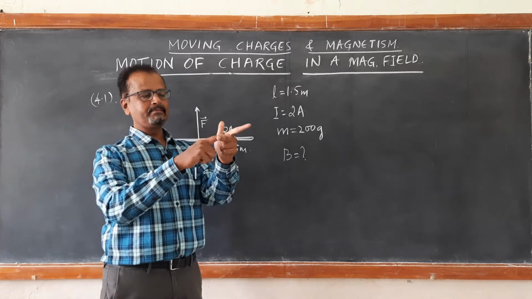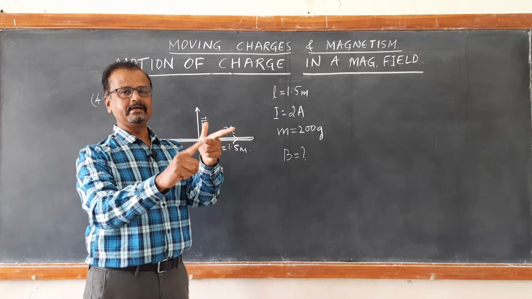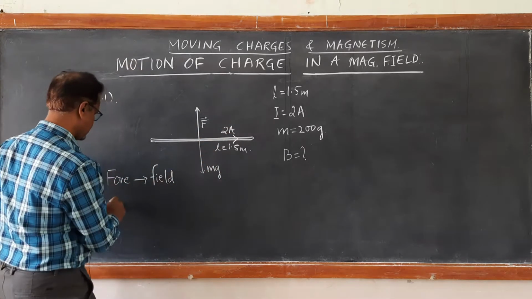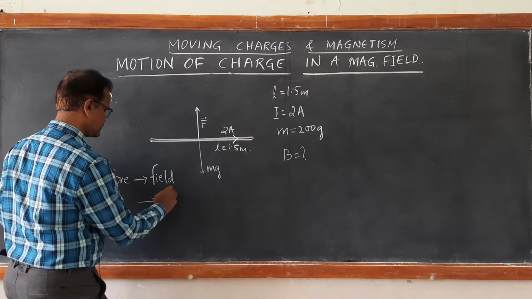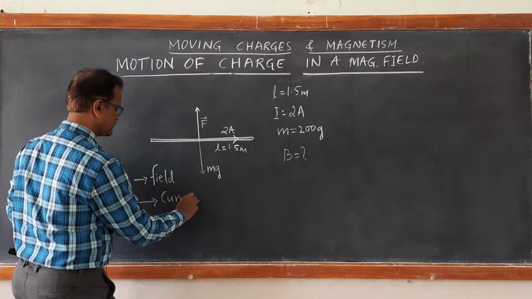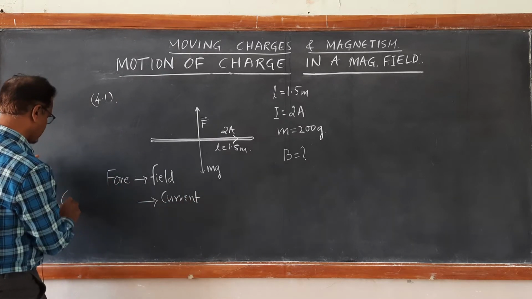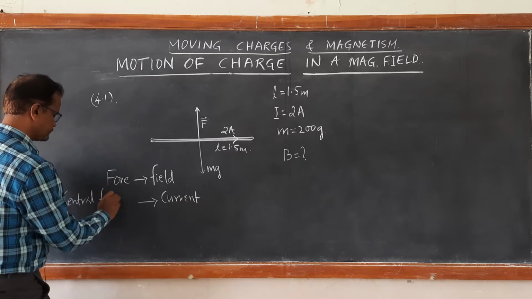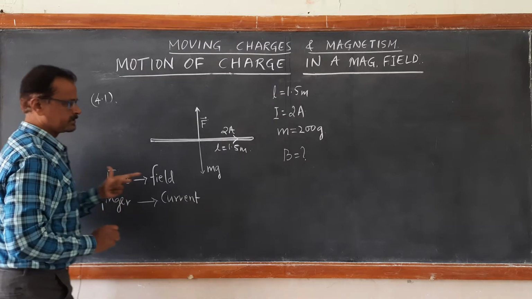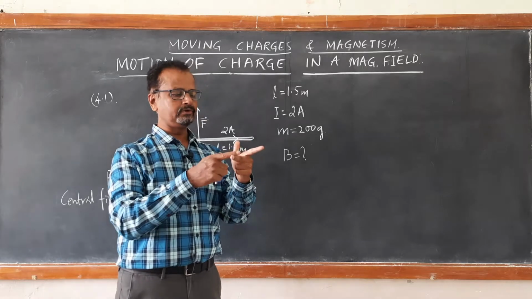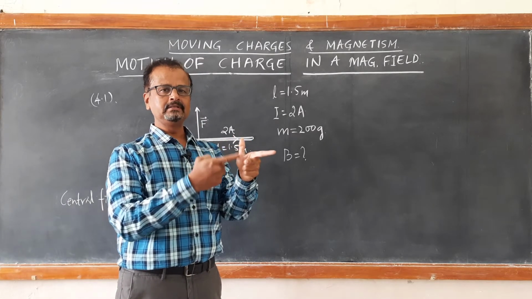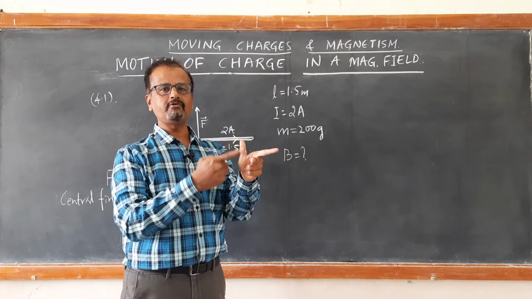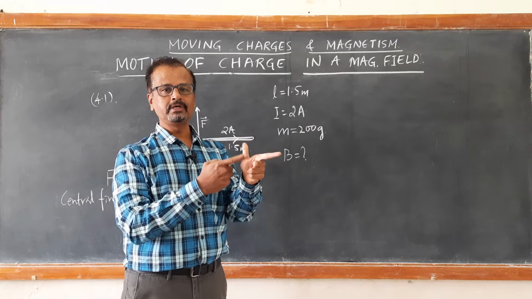Then the mutually perpendicular central finger is for current. Perpendicular to these two, there is a thumb. The thumb shows the direction of magnetic force.